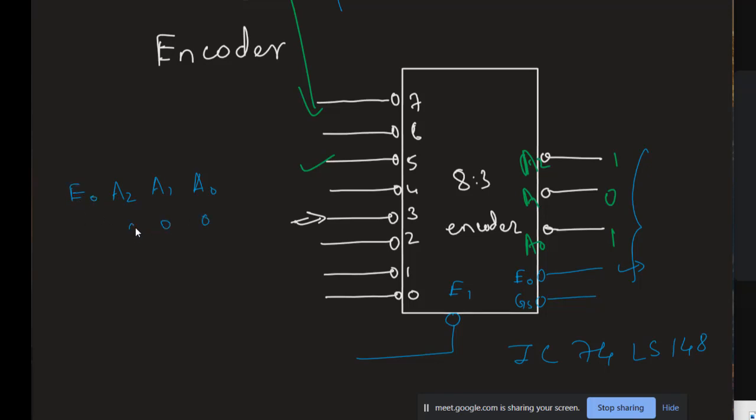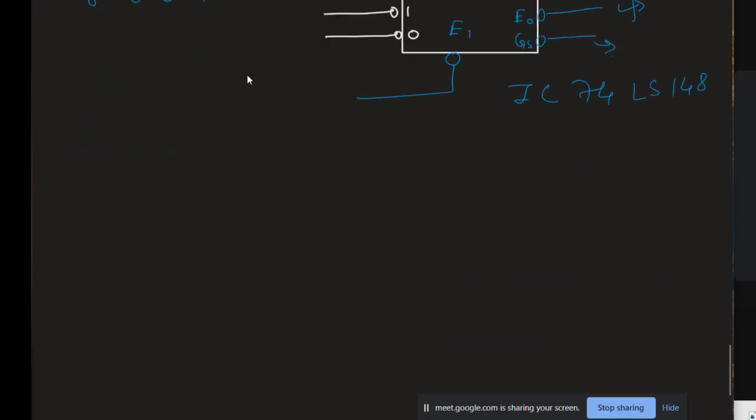And one of the enable lines is to cascade the 2 ICs. That means I can have IC 74LS148. This is one IC, and this is another, the same IC, 74LS148.